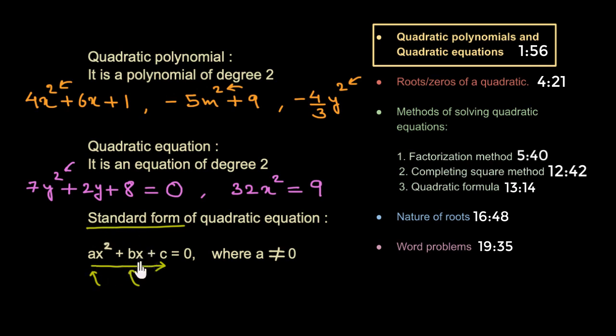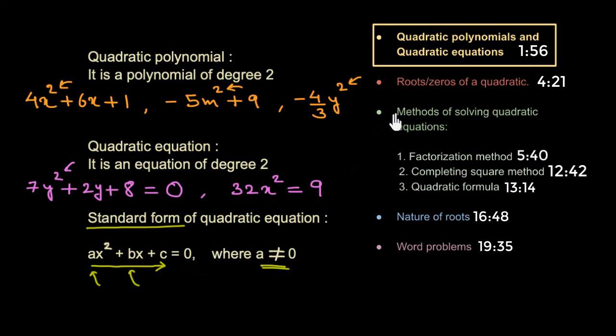So whenever you write a quadratic equation in this form, it is said to be written in the standard form. Also make sure that your coefficient of x², that is a, is not equal to 0, because the moment a would be equal to 0, this equation would turn into a linear equation, which we do not want.